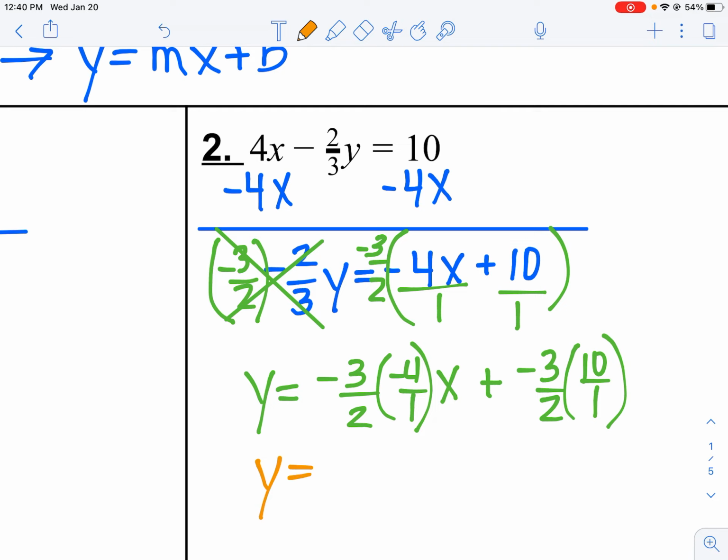So y equals, this 2 turns to a 1, that -4 turns to a -2, and I can multiply to get 6. Keep the x. This 2 turns to a 1, the 10 turns to a 5, and then I multiply -3 times 5, and I get -15.